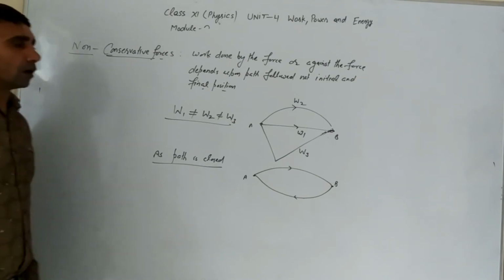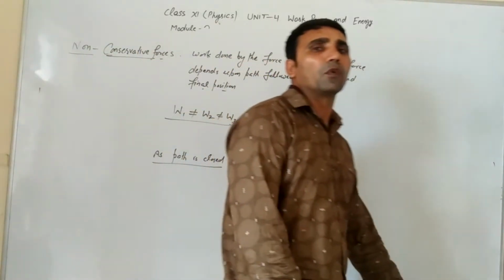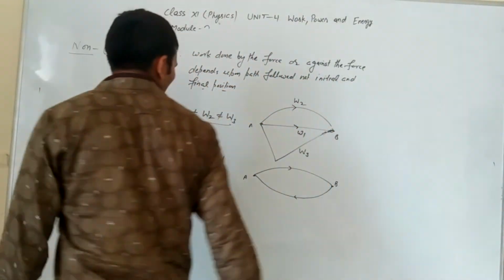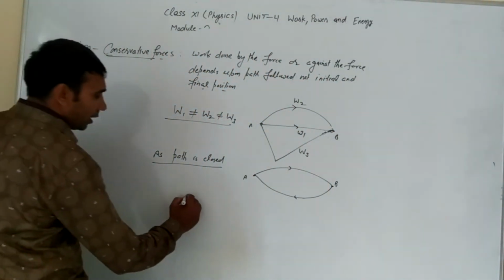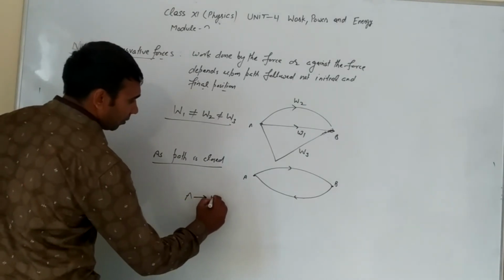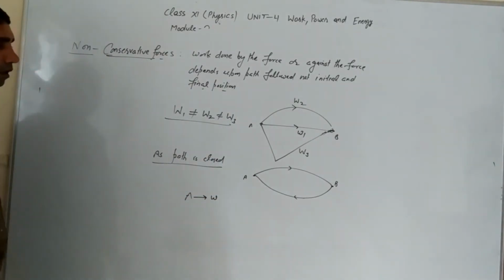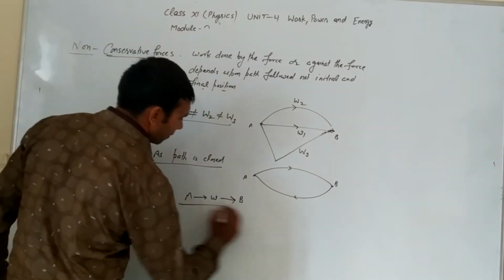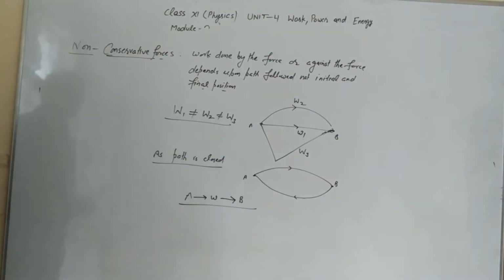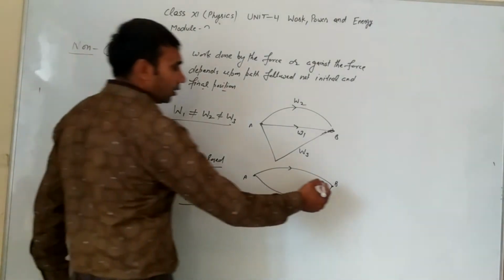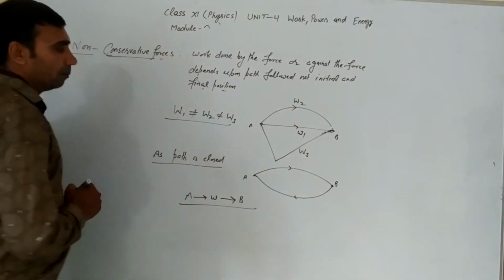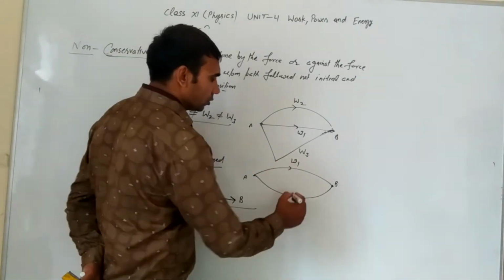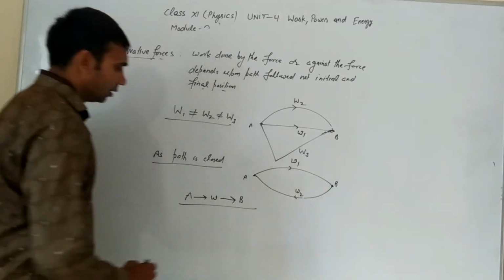Then what is the work done? In this case, A to B. When the body moves from B to A, this work done is W1, and this work done is W2.